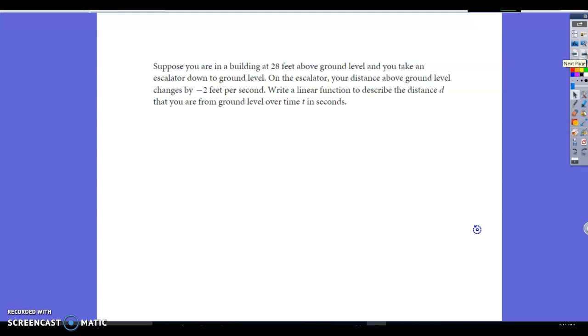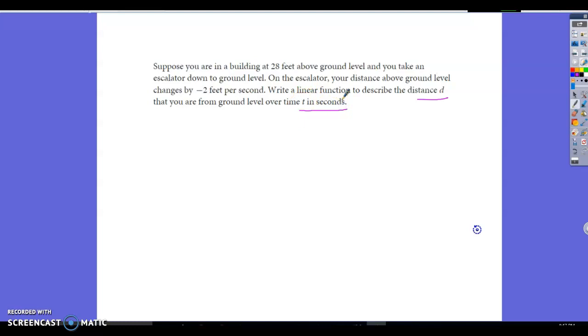All right, so this question says, suppose you are in a building at 28 feet above ground level and you take an escalator down to ground level. On the escalator, your distance above ground level changes by -2 feet per second. Write a linear function to describe the distance, d, that you are from the ground level over time, t. A couple of things that we need to look at, distance and time.